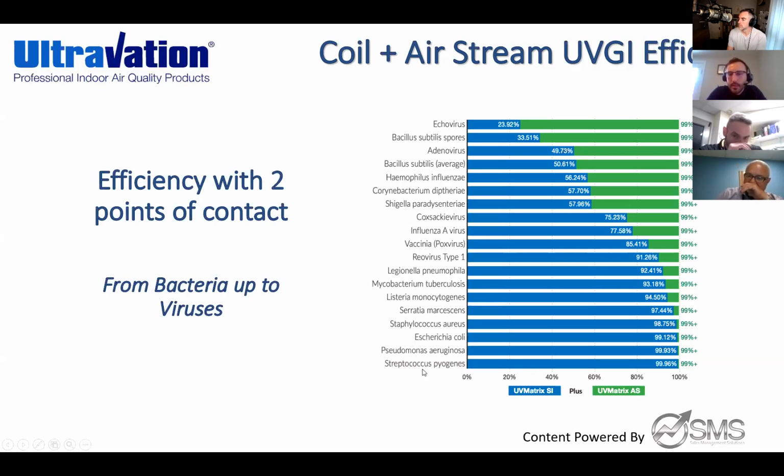If you're just treating the coil, you can get almost 100% efficiency for that particular bacteria. Now, if you go all the way up to the top, if you just treat the coil for the ecovirus, you can hit that at about 23.92%. But if you want to get to 99% plus, you need to treat the Airstream as well.